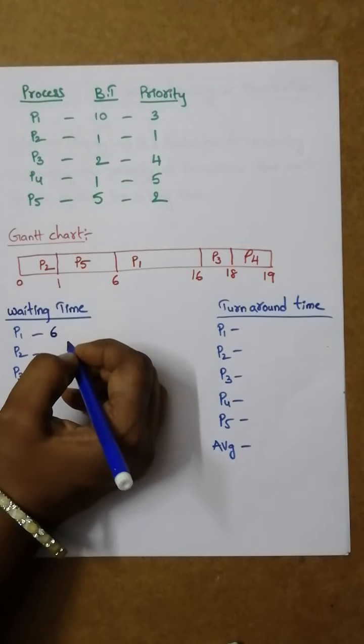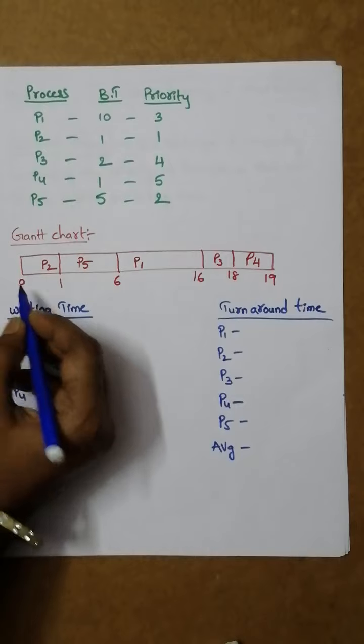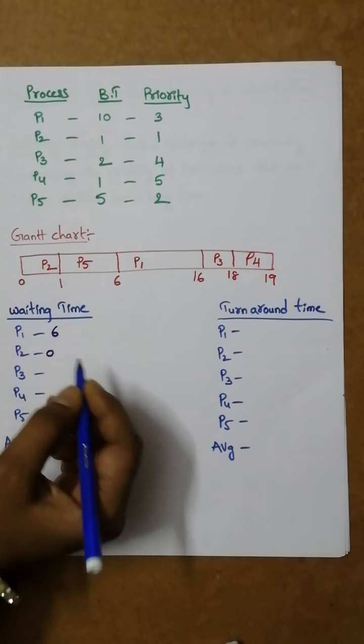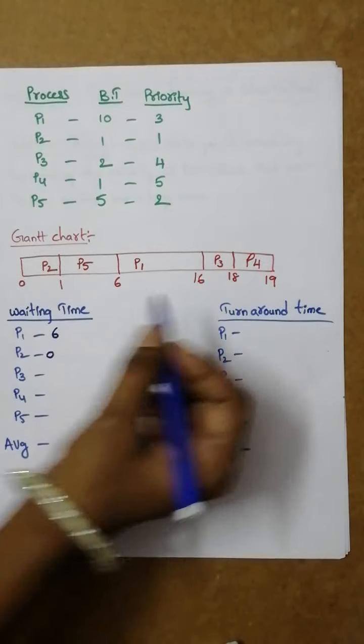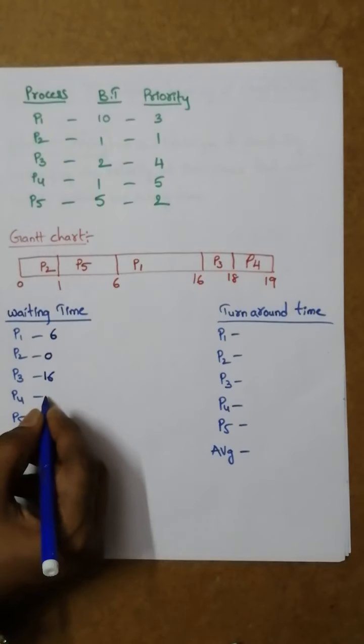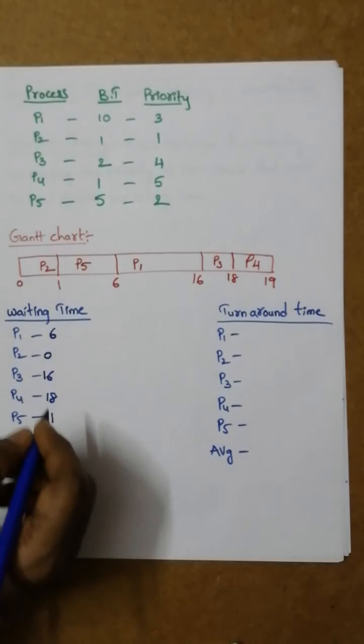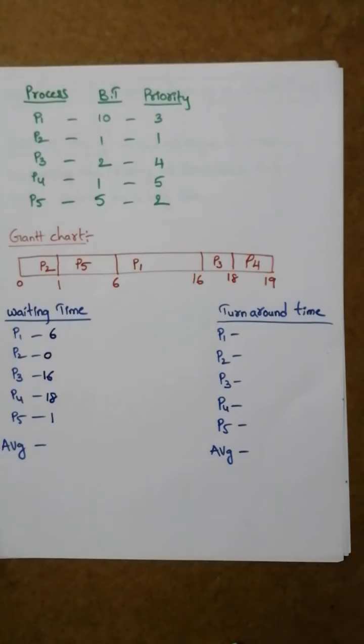Waiting time of P2: P2 got the CPU at the 0th millisecond, so it is 0. Waiting time of P3 is 16. Waiting time of P4 is 18. Waiting time of P5 is 1. These are the waiting times of the individual processes.